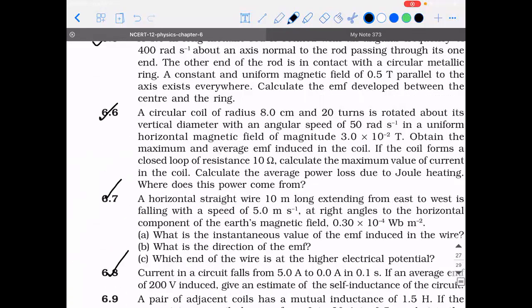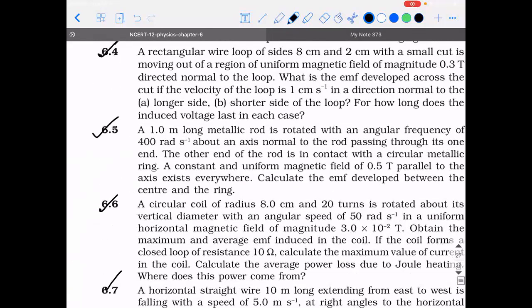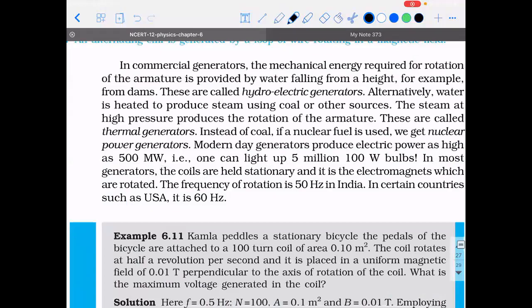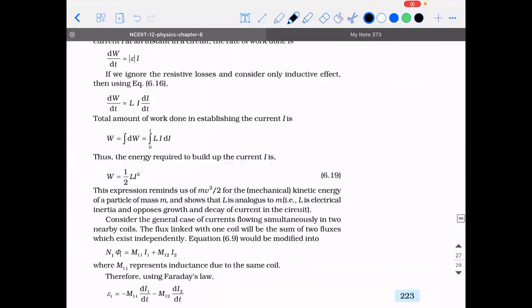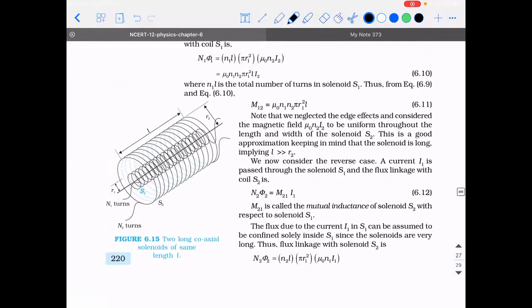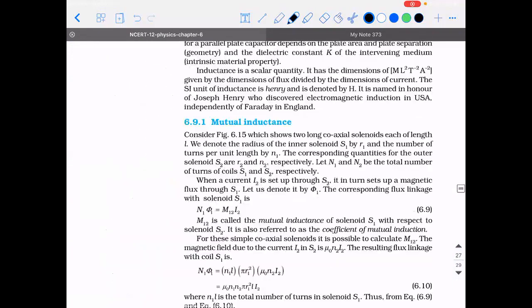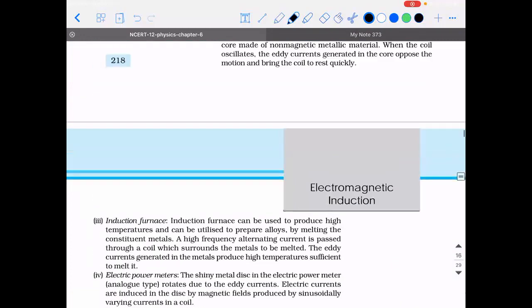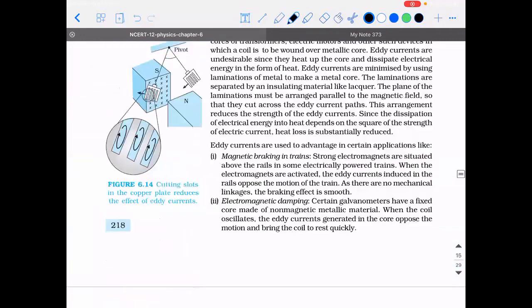Okay. So what are all the topics that are left out? So the topics that are left out are, we'll be discussing about inductance, mutual inductance. Okay. So inductance means self-inductance, mutual inductance, eddy current and generator.